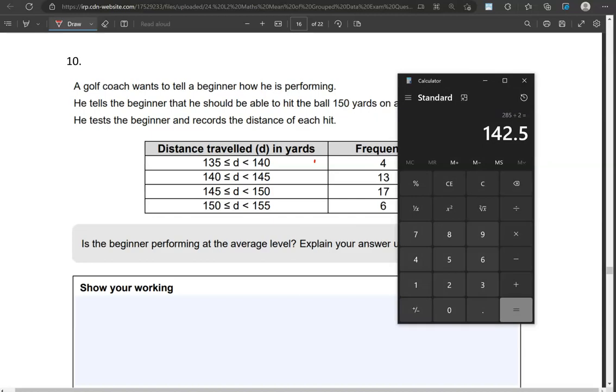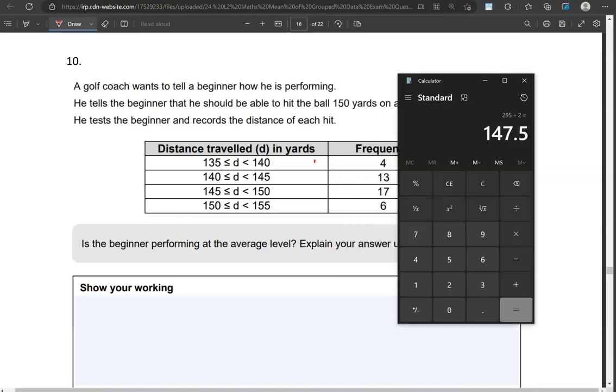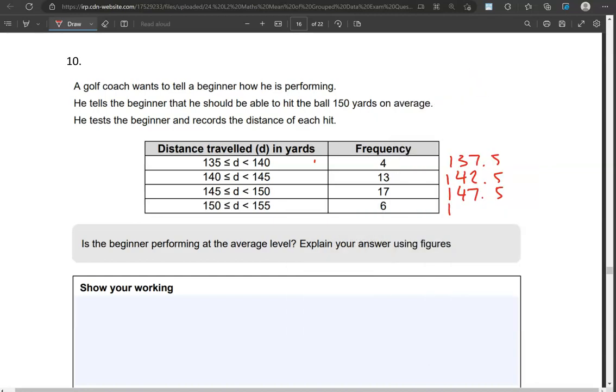The midpoint between 145 and 150 is 147.5. Midpoint between 150 and 155 is 152.5.